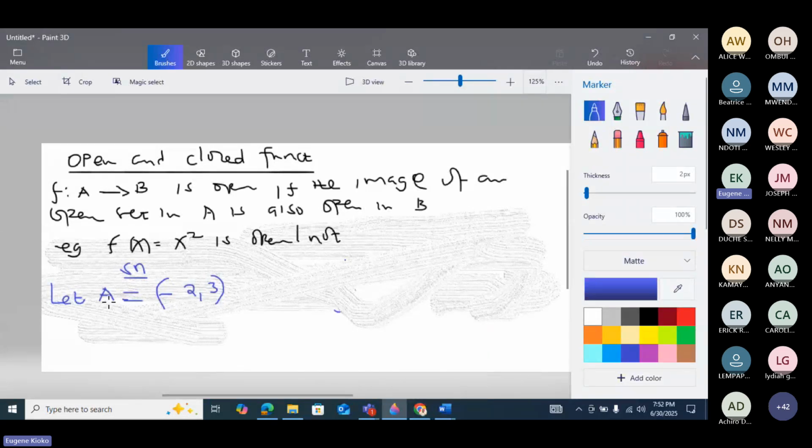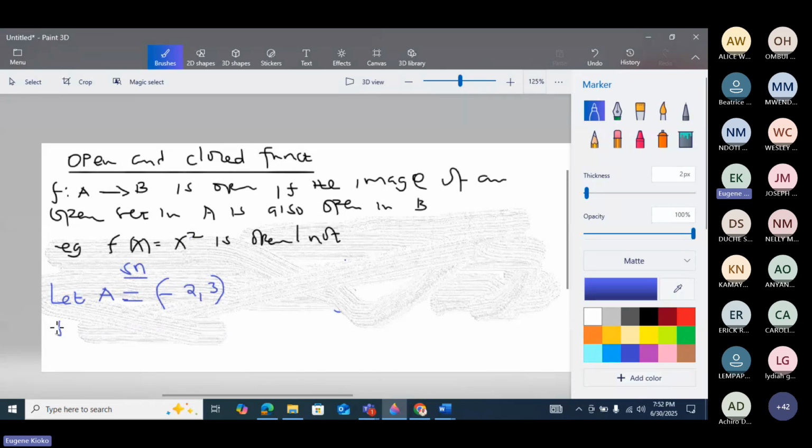So let A be open. We want to map A by squaring and confirm, are we going to get an open image?